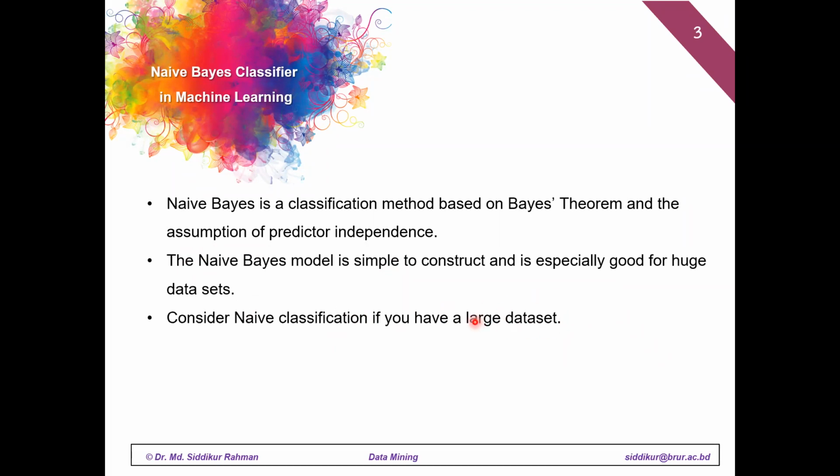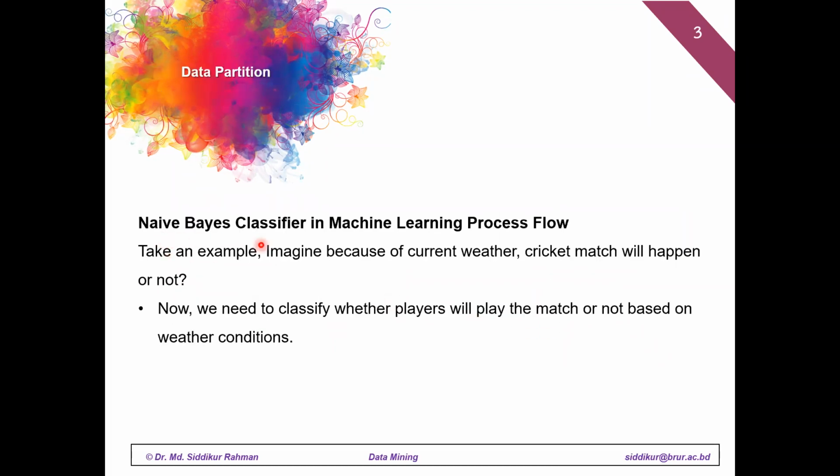I already mentioned that. And how can we adapt the naive-bayes classifier in the machine learning workflow or process flow? We can consider an example. Imagine that because of the current weather, a cricket match will happen or not. Suppose you have a problem of whether a particular cricket match is going to be held or not.